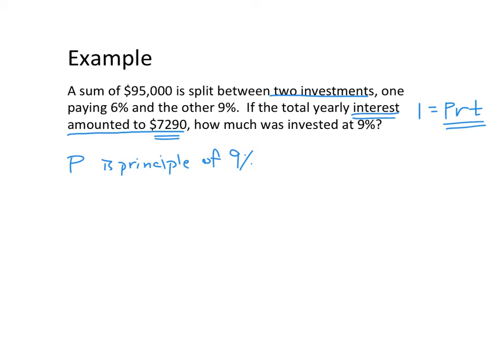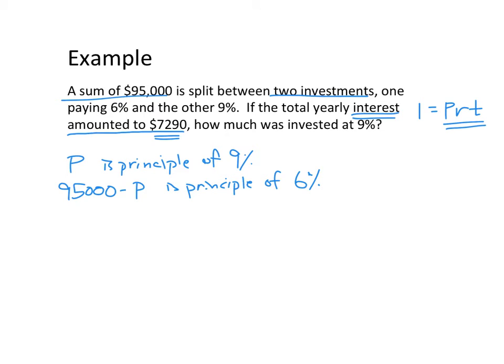Now we know the sum is $95,000, and so we're going to take the other account and not make a new variable, but use our strategy from before, where if we take that P away from the total, that leaves us the rest, and the rest is the principal of the other account. And that account was 6%.